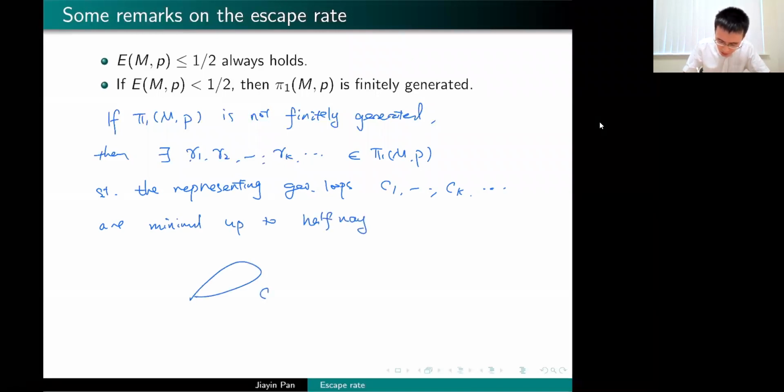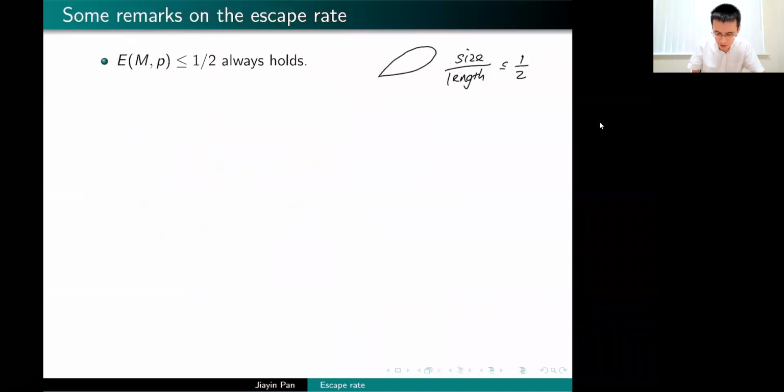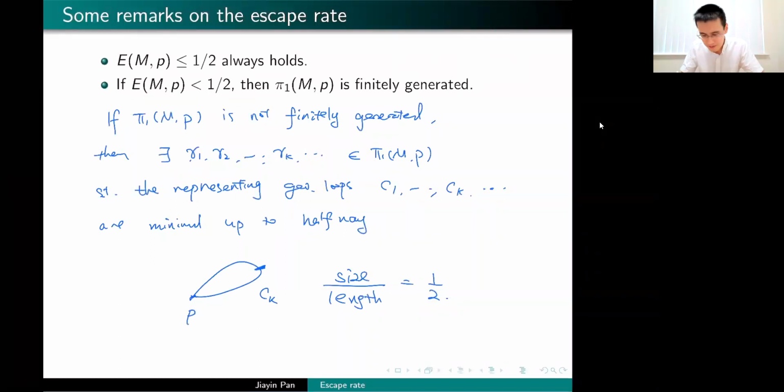So if this is a ck, it's always minimal until it's halfway there. In this case, you have size over length exactly 1/2. In other words, if the fundamental group is not finitely generated, then you can find a sequence of elements so that this ratio size over length equals 1/2. Because the escape rate is defined as a limit superior, you get 1/2 exactly.